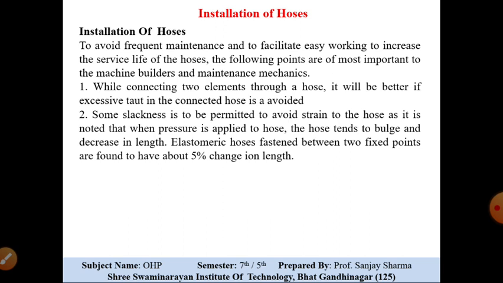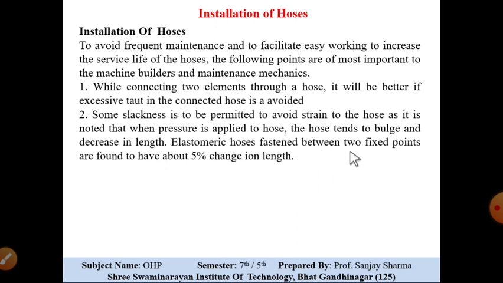So because of this, if hose pipes are connected or tightened to fixed points and no slackness is given, there are chances of generating unnecessary tensile stress in the hose pipe, which may result in failure in a shorter duration of time.